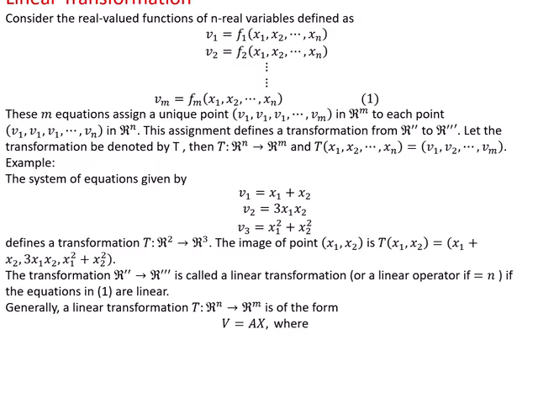Let's look at this example now to further explain what we are talking about. The system of equations given by v1 is equal to x1 plus x2, v2 is equal to 3x1x2, and v3 is given as x1 squared plus x2 squared.